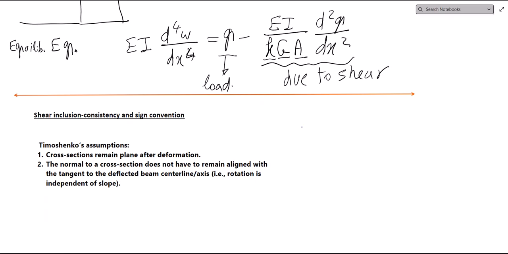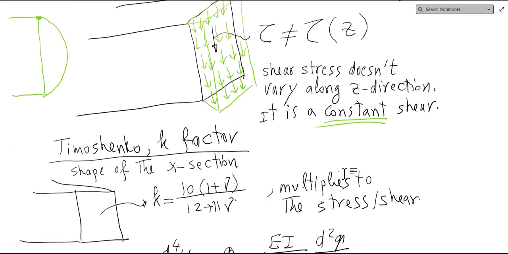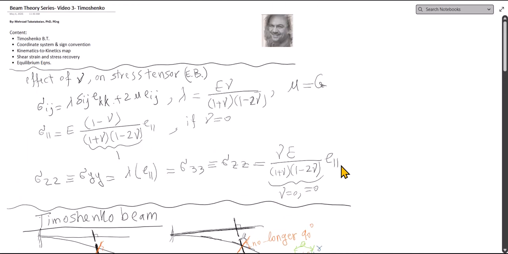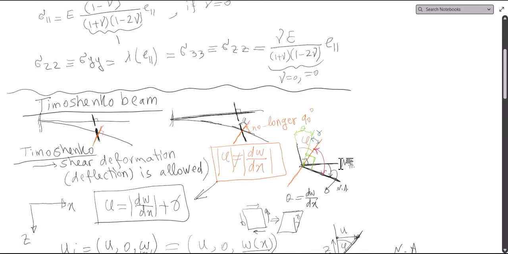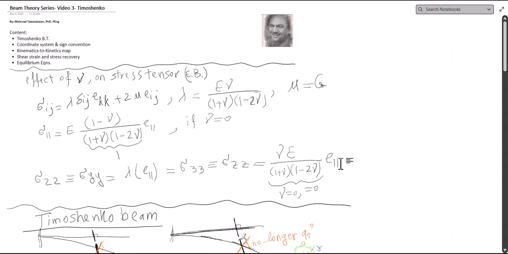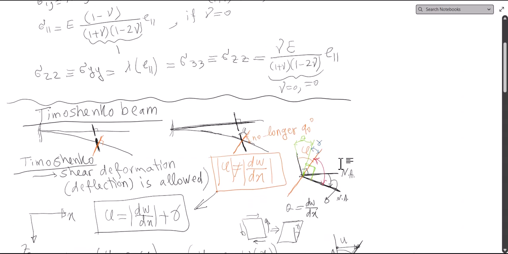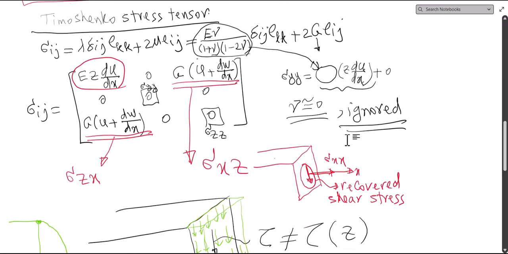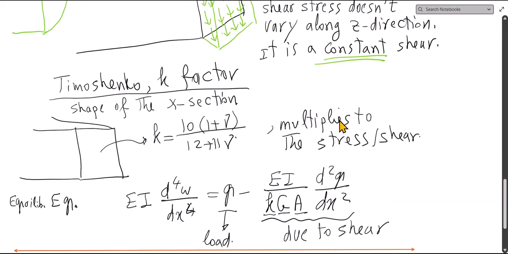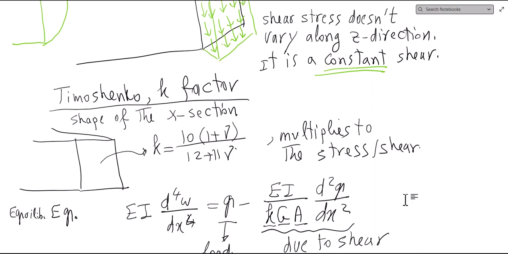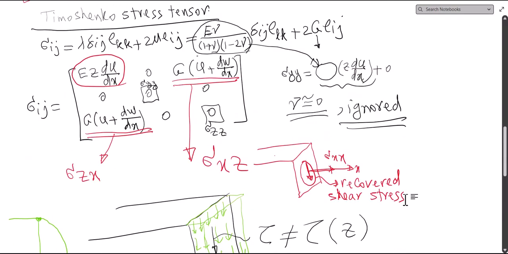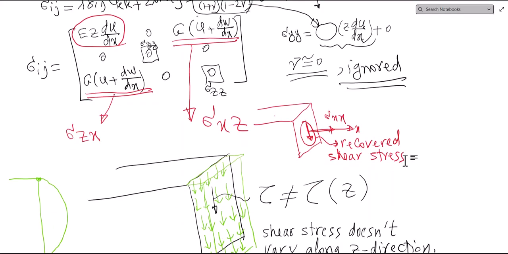Okay, in part two of this video on the topic of Timoshenko beam theory in the beam theory series, I would like to expand on a few points and also extend the discussion from the end of the previous video, about the equilibrium, more in depth into that, as well as the shear strain, non-zero shear strain, and consequently shear stress, specifically on the sign convention.